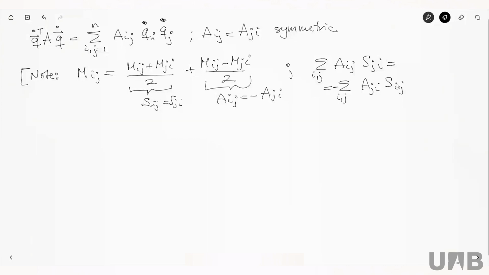Right? So this is minus the sum over, and now I'm going to call j, I'm going to call it k, and I'm going to call it l.